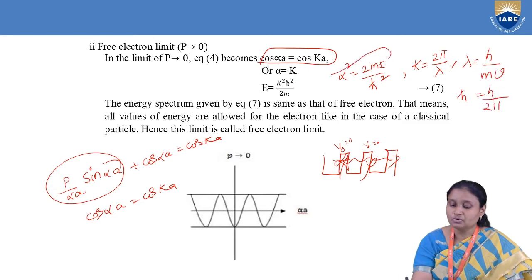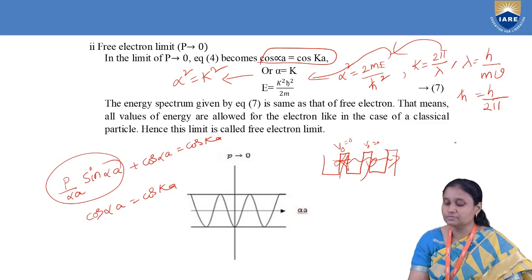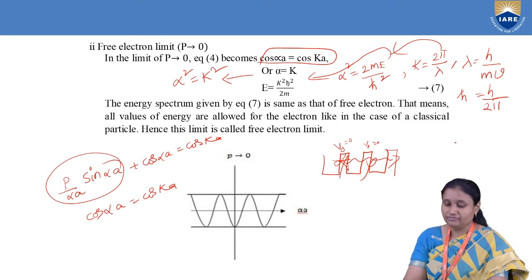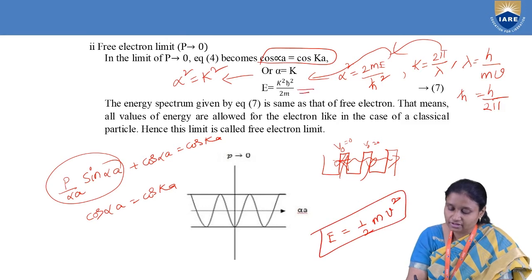So if I substitute all this here, I make alpha square equal to K square, and in place of alpha square and K square, if I substitute, I end up having E as half mv square.